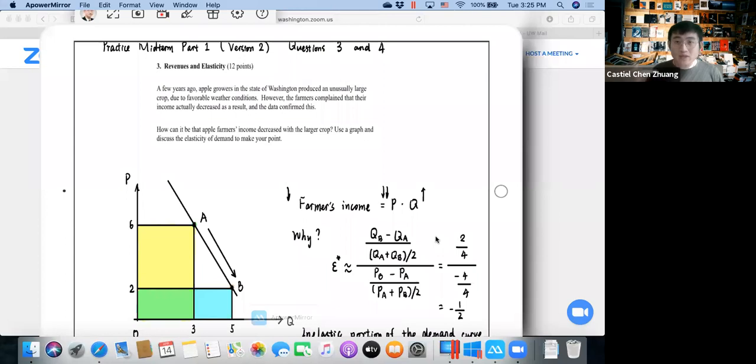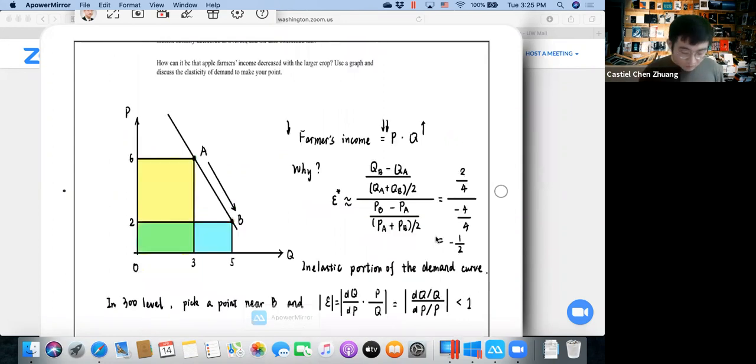So when you increase the quantity, the price decreases, right? But the price decreases a lot more than the increase in quantity in percentage. Then, according to the formula of income, which is just P times Q, if the price decreases a lot in percentage, then your income should be lower, right?